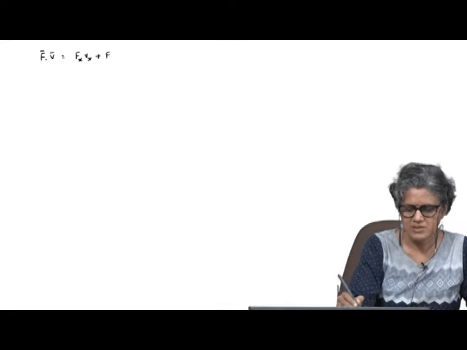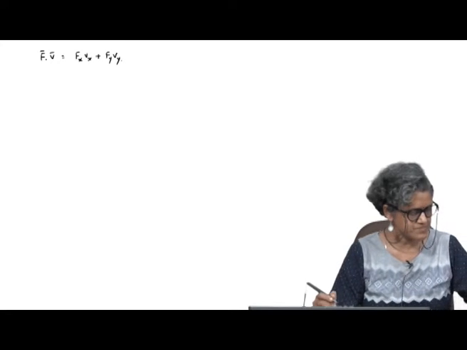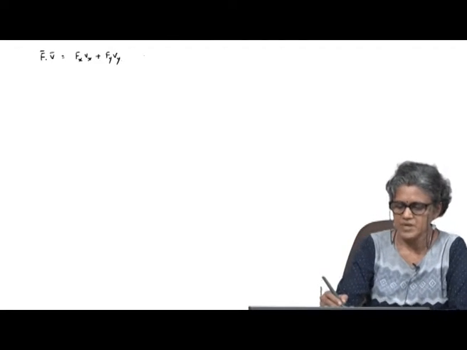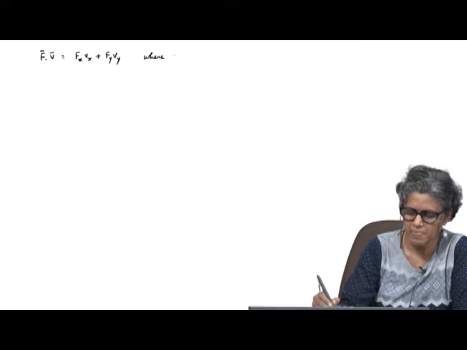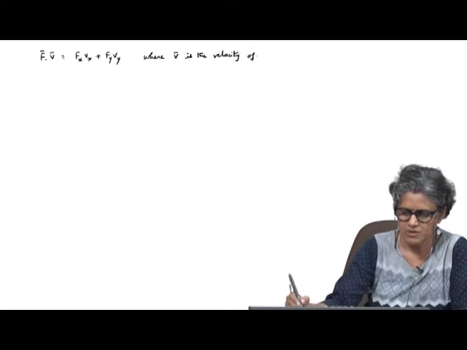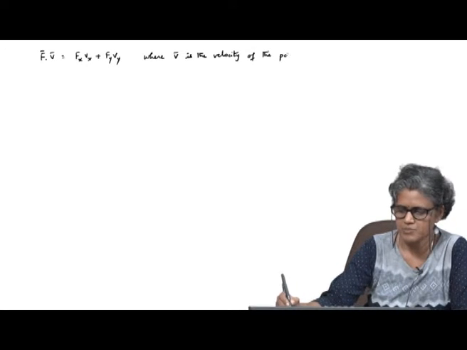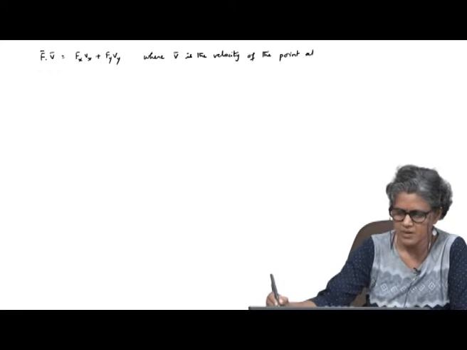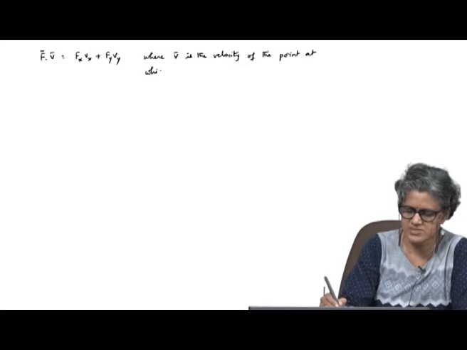If you have F dot V, this is just Fx Vx plus Fy Vy, where V is the velocity of the point at which F acts.